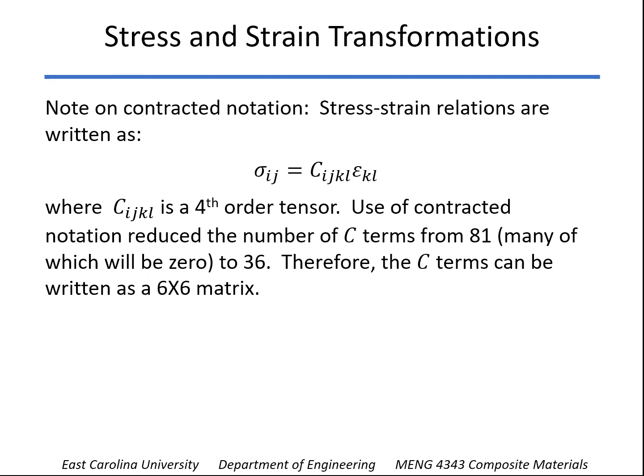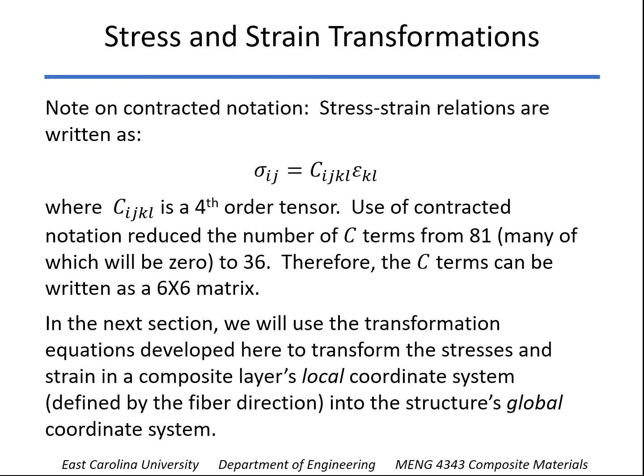Of course, a lot of those will be 0. But if we use our contracted notation, where we've only got 6 values of stress and 6 values of strain, then the C terms will only have 36. In other words, it's a 6 by 6 matrix. So that becomes a lot easier to work with than having 81 terms in there. And we're going to use that to find what a lot of those 36 terms are. Again, a lot of them are going to be 0. We'll also find out that that 6 by 6 matrix is going to be symmetric, so that simplifies things a little bit. But that's what we're going to do.